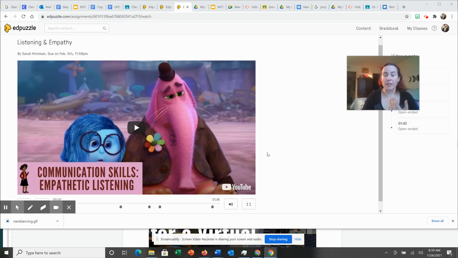So this one is titled Listening and Empathy, and it gives you the concept of what happens when someone is experiencing extreme distress and when someone is trying to distract them rather than engage with them. And then when someone else is actually empathizing, how the interaction is very different.